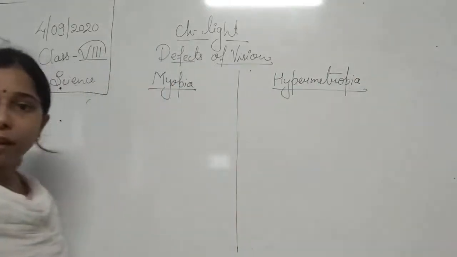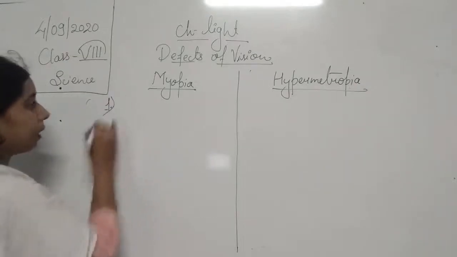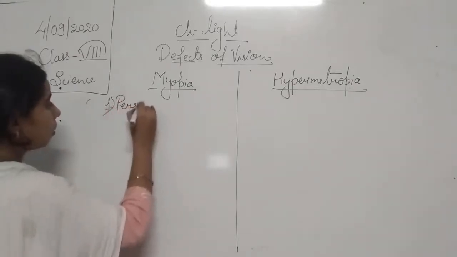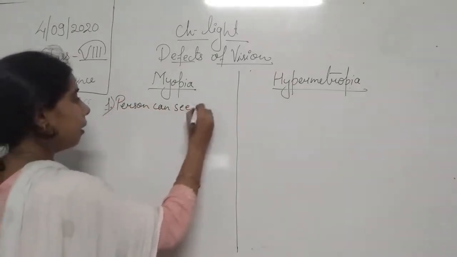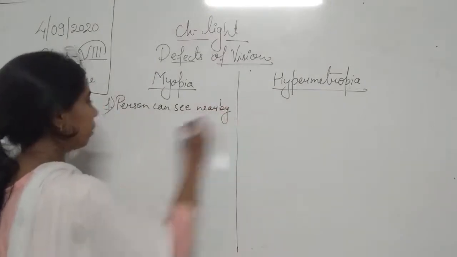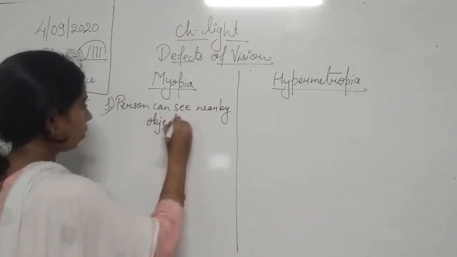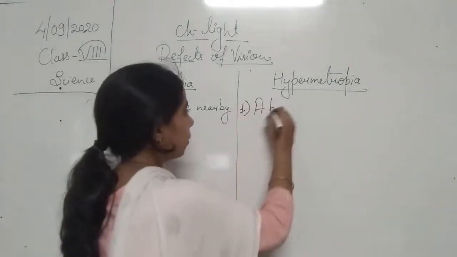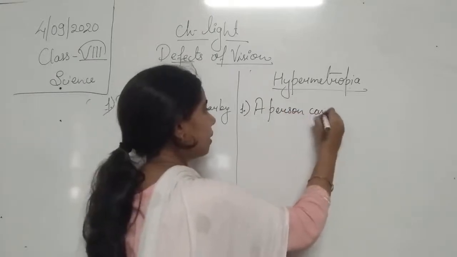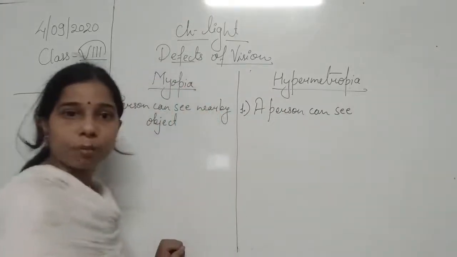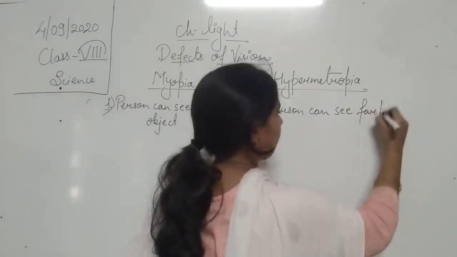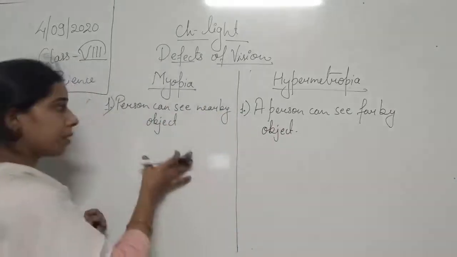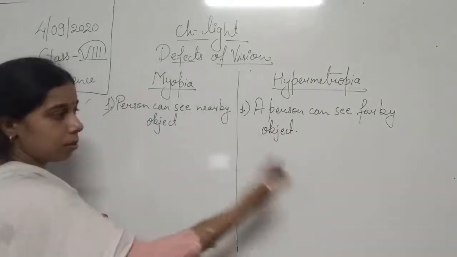Myopia and hypermetropia. First case, student, in case of myopia, what happened basically? A person can see nearby objects. In case of hypermetropia, student, a person can see far away objects. So obviously if a person is able to see the nearby object, then this one is far away object.